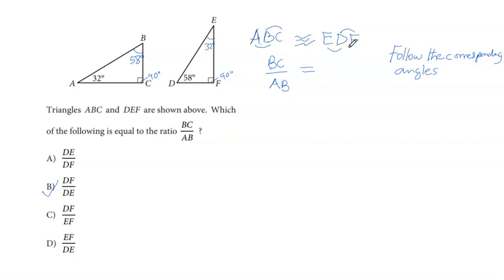So here what I'm saying is DF over ED, which is the same as this. The only thing is the letters are switched around, but remember, this is now a side length, not the letters themselves. So the letters don't matter when you're actually using the sides.